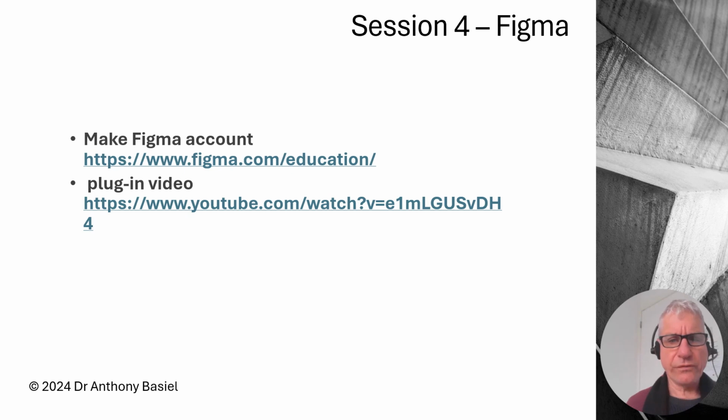So one of the first things that you would need to do is to get a figma.com/education account made. So if you have a student .ac or .edu email account, you can do that. And then there's a video here that you can take a look at, which will help you to learn a little bit more about Figma.